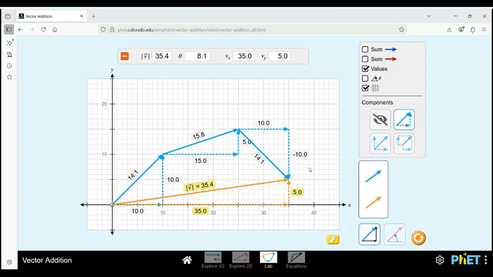So by taking all the x components of the three vectors and adding them up, and all the y components of the three vectors and adding them up, and taking into account that some might cancel out others because some might be going up and others might be going down, when I work them all out and add all of them together, instead of drawing all of these weird blue vectors and having to figure them out with some weird shape, I can just draw this orange vector, and I have all of the x components add to 35 and all the y components add to positive 5.